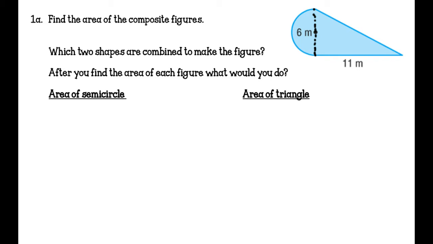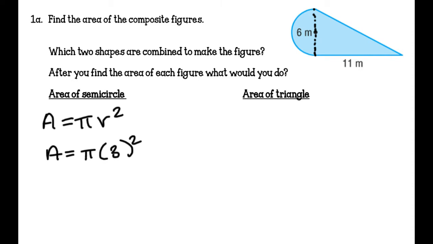So to find the area of a semicircle, I take area equals pi times radius squared. Now it gave us the diameter of 6 meters, so that makes our radius 3. So we say A equals pi times 3 squared. And we do that, and so we get 9 times 3.14, and we get 28.26.